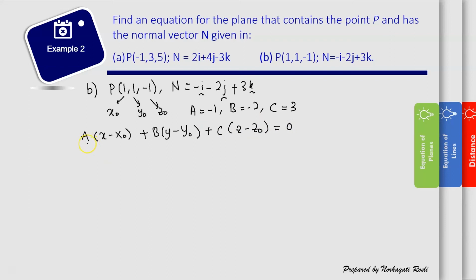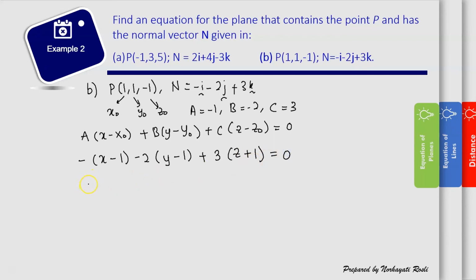When we substitute A, x naught, B, y naught, C, z naught, we get here A is negative 1, so negative (x minus 1). B is negative 2, so negative 2 times (y minus 1), plus C is 3, 3 times (z minus negative 1), so plus 1, equal to 0.